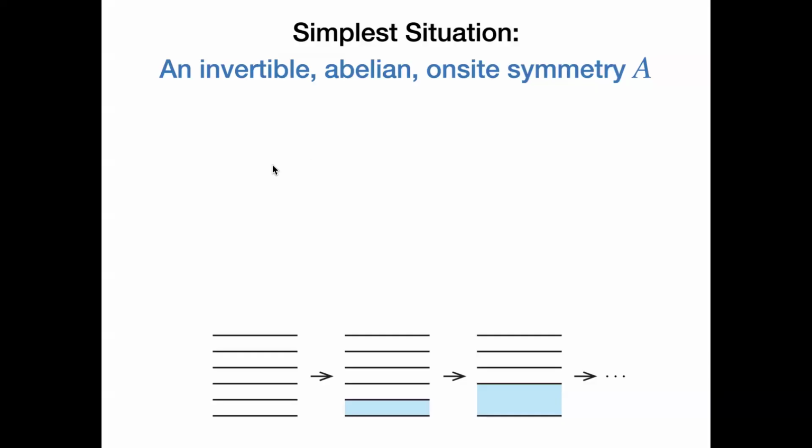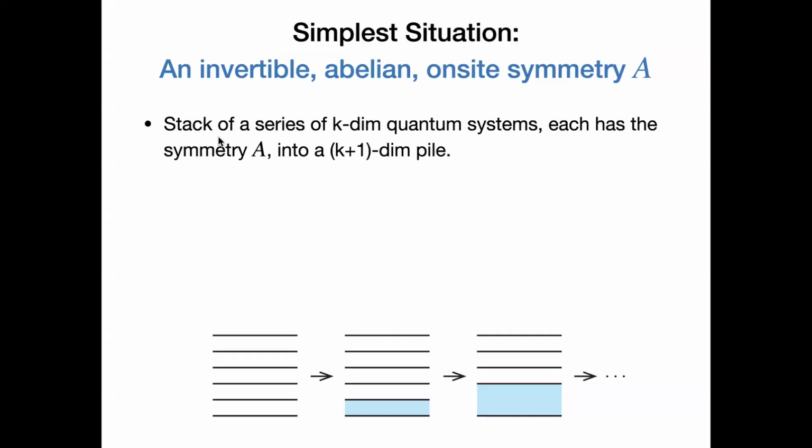So our prescription is as follows. As a first step, we stack a series of k-dimensional quantum systems, each of which has the symmetry A, into a k plus one dimensional pile. This is shown on the left-hand side of this picture.